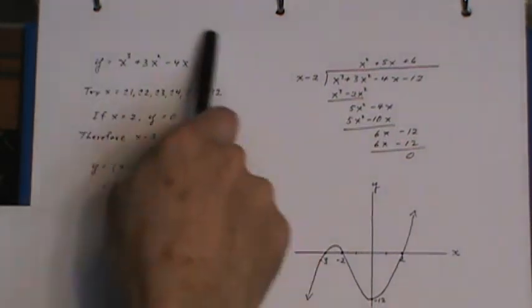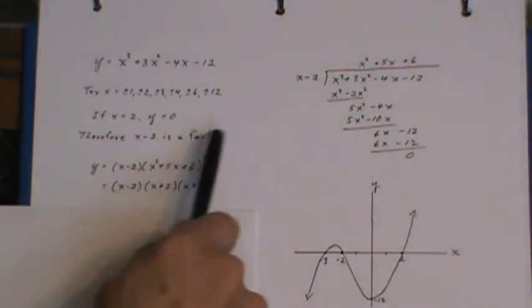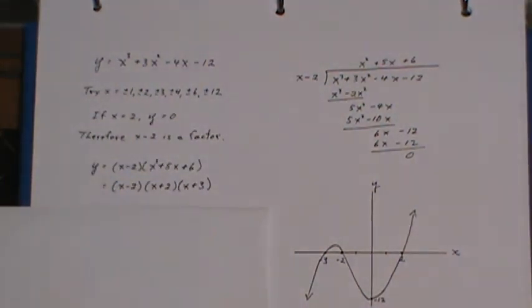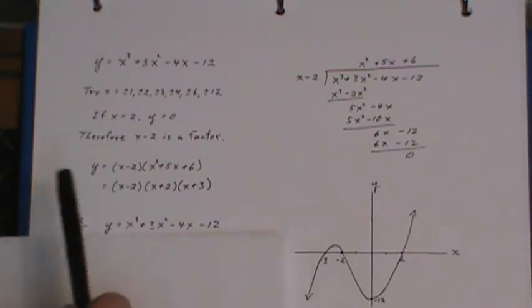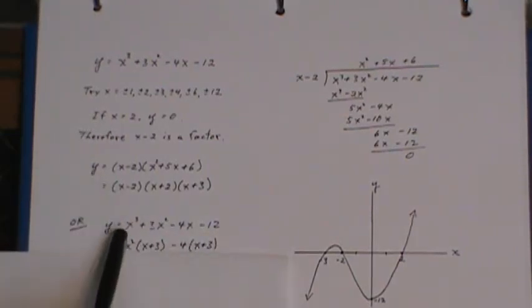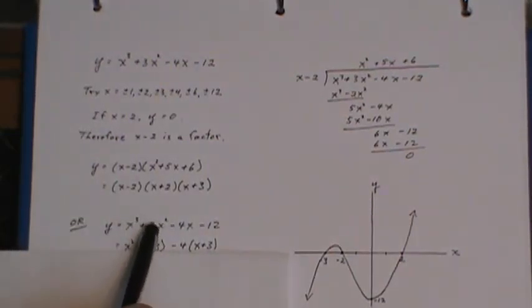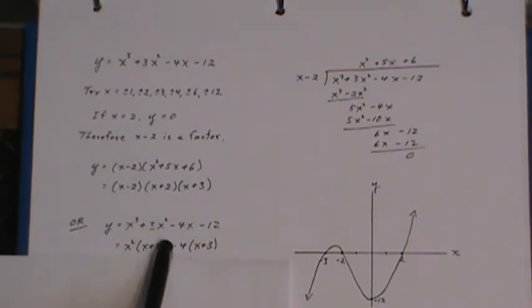Now, one last thing. Sometimes these are easier to factor than going through the factor theorem. If you notice that you can take a common factor out of the first two and the last two, and you get the same in the brackets, in this case I got x plus 3. This is called factoring by grouping.